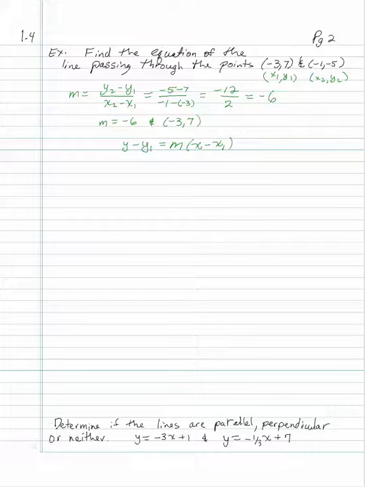So I'll use point-slope form because I've got a slope and a point. y1 would be 7, m is negative 6 that we just figured out. x1 is negative 3, so minus a negative 3 becomes plus 3. Then I'm going to distribute the negative 6, and then I'm going to add the 7.